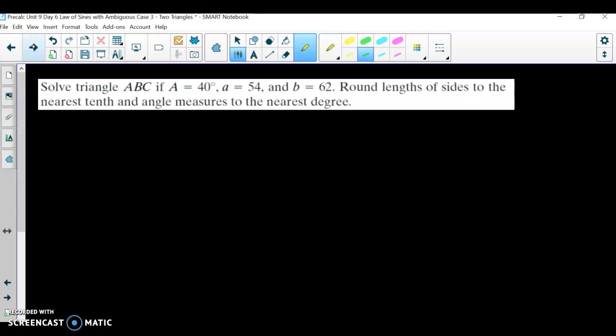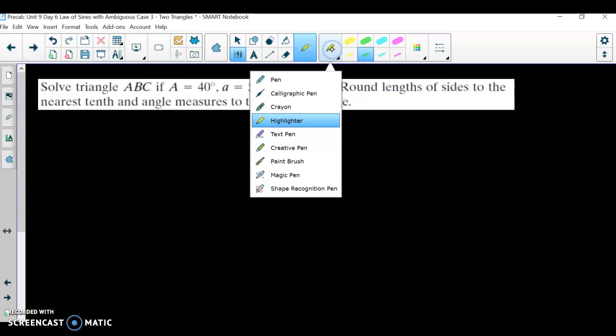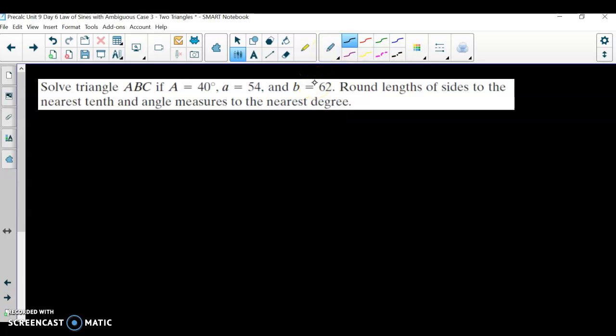Okay, so I know my angle A is 40, the length of A is 54, and the length of B is 62. What are we going to do in this case? We're going to solve for height.